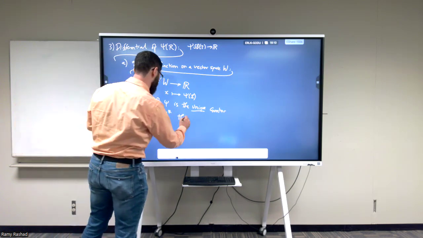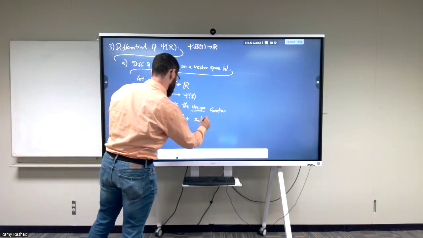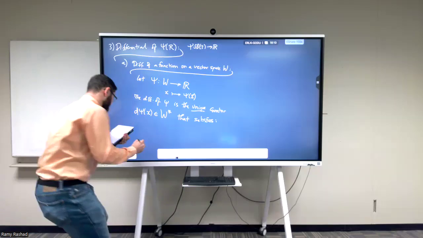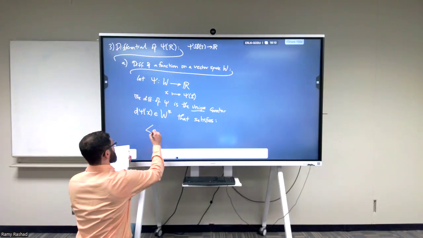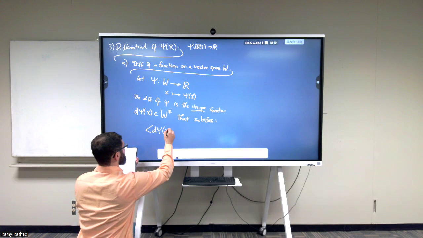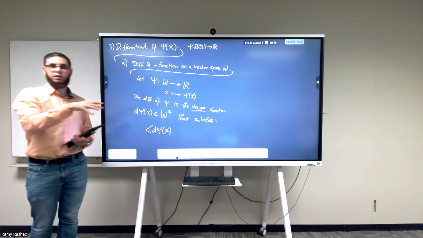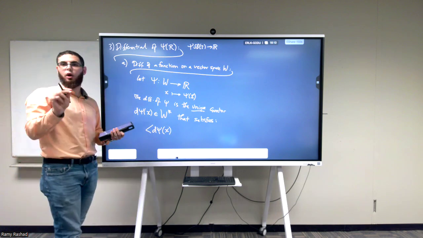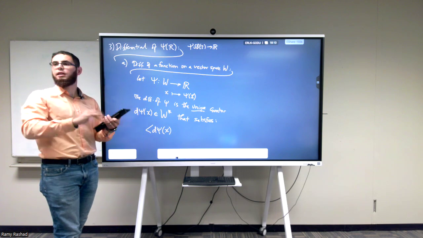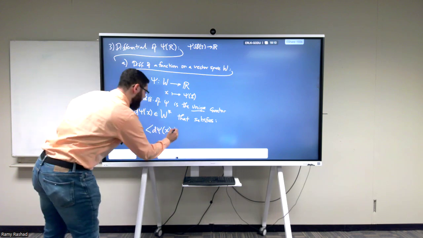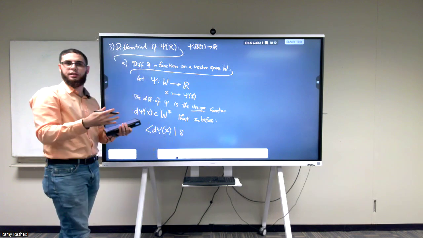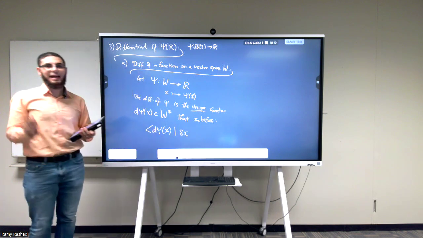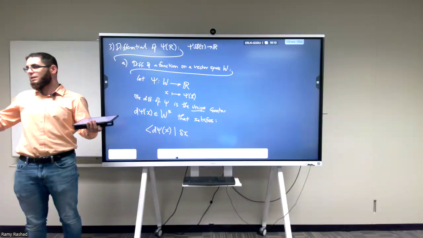It satisfies the following. When I take d psi of X, what is the nature of this object? It's a covector, which means I can pair it with what? With a vector. Any vector or a particular vector? Any vector. It can eat any vector and spit out a number. The standard notation for this arbitrary vector is delta X. So delta X is not a small thing. It's just any vector in the vector space.